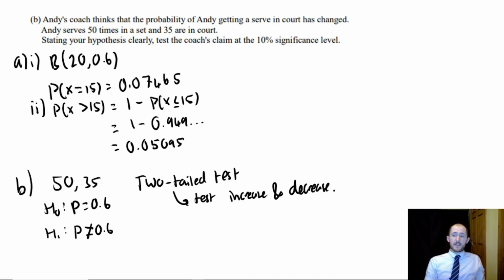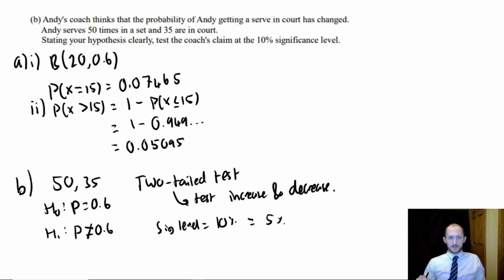The only effect this has on your answer is that if you have a sig level of 10%, you halve it. That is the only impact it has. Other than that, you don't care. Okay?